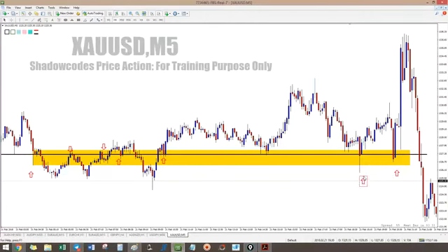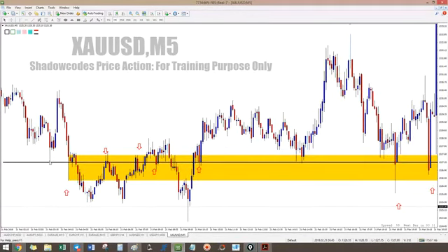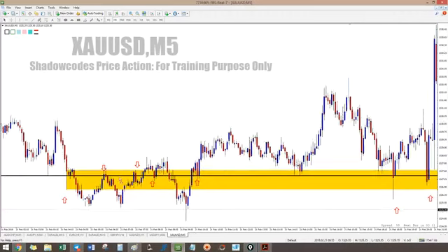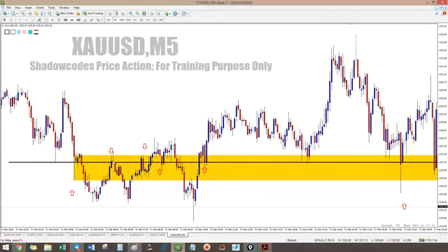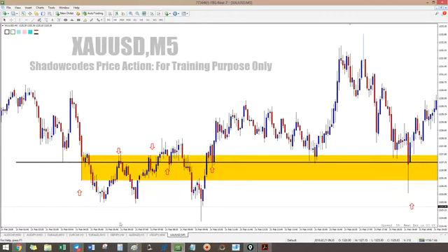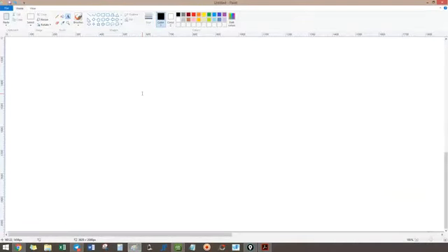Okay, because over here we got a place with support, and after it breaks out it becomes a resistance, and then after it breaks out it becomes a support again. After breakout it becomes a resistance again. Okay, so if you are in the Semanso Safari course, we will call this by another name.